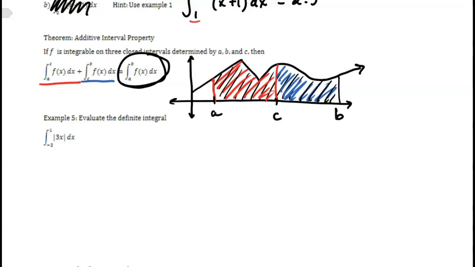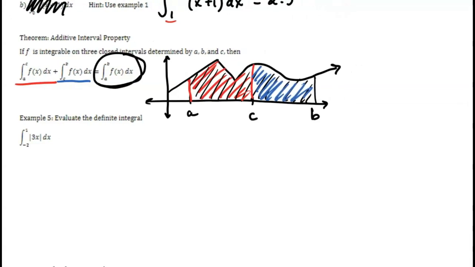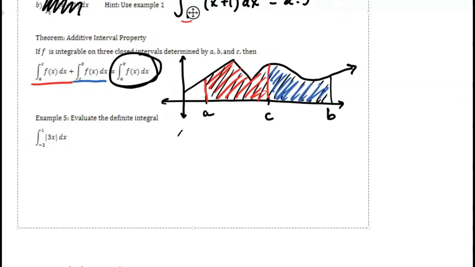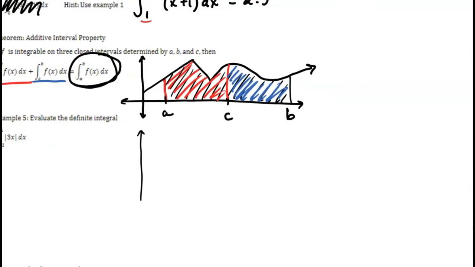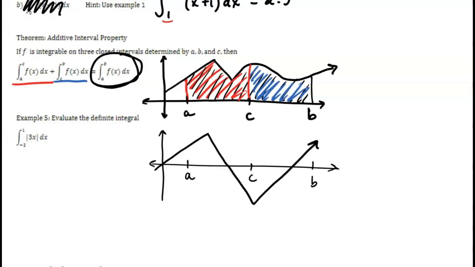So just another graph real quick as an example. If our function would have looked like that. Then remember, when the graph is dipping under the x-axis, if you're not taking absolute values, you're not talking about area.